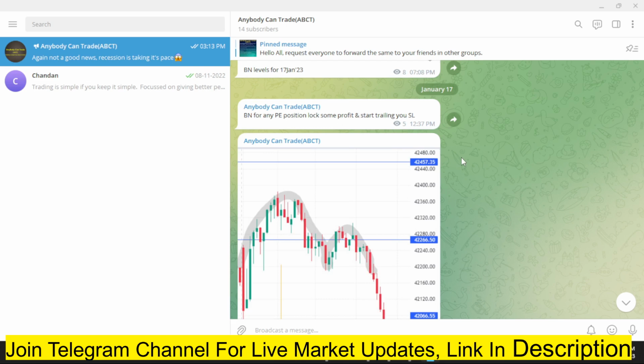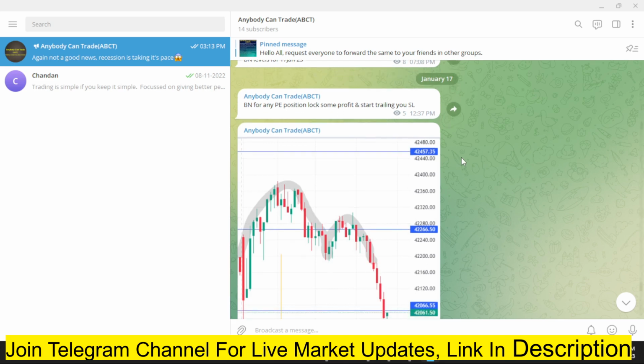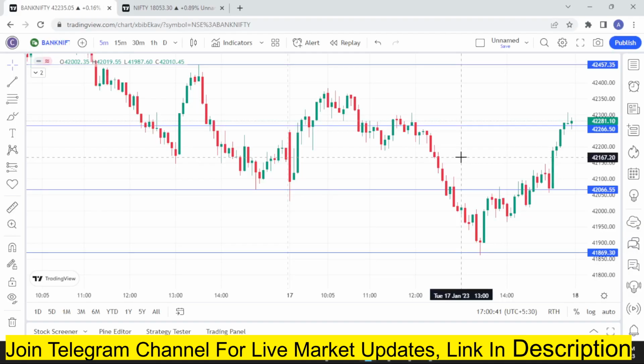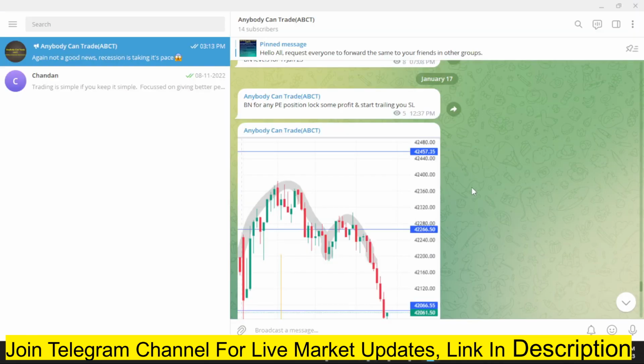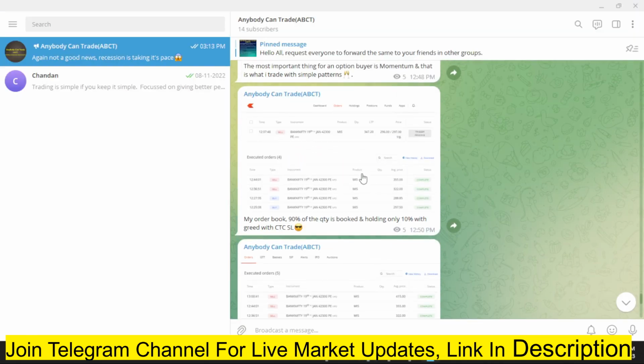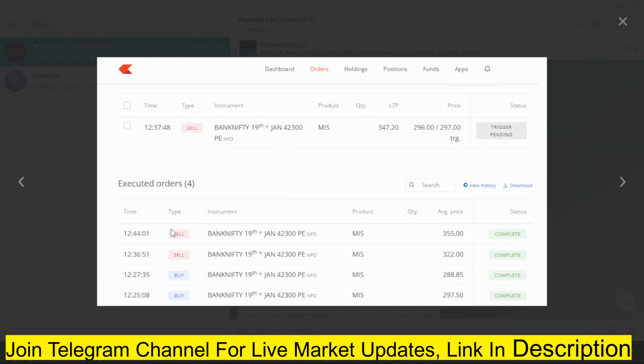If I am trading with, suppose, 10 lots, then for around 3 lots it is recommended to book the profit and trail your stop loss, so that any reversal from this level does not end up in losing this trade. And you can see the same thing in my trading also.